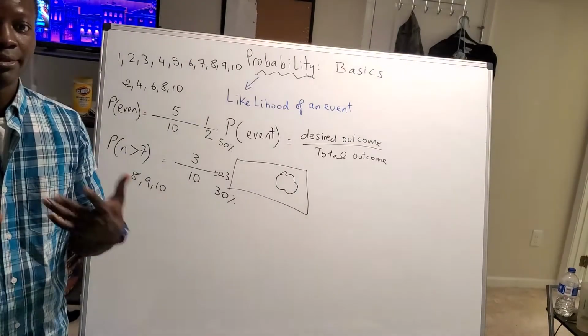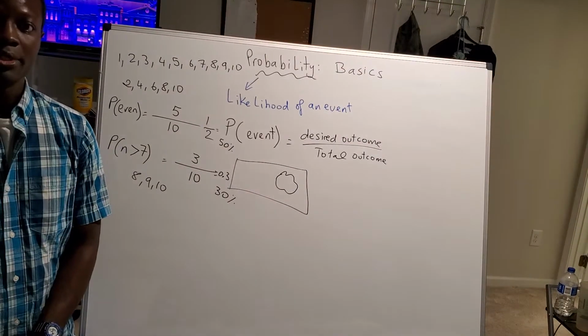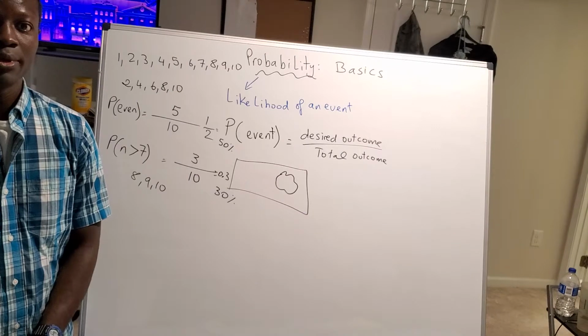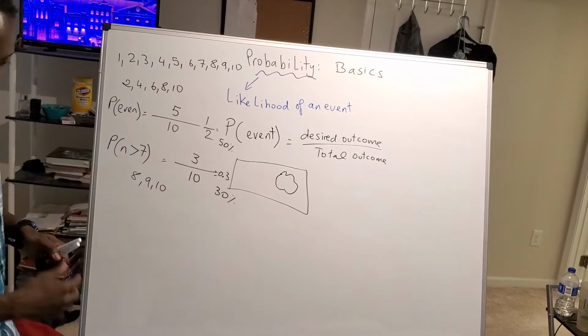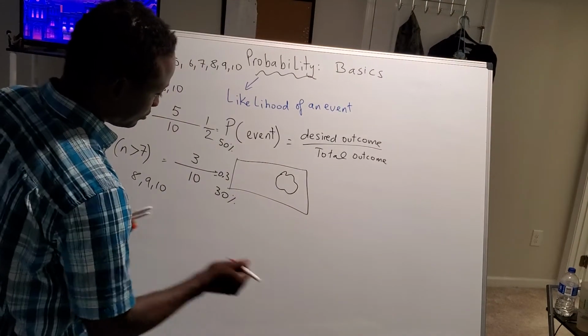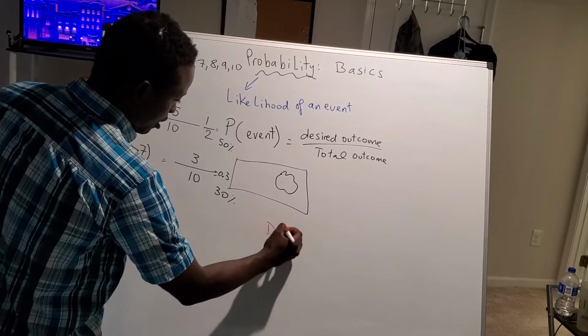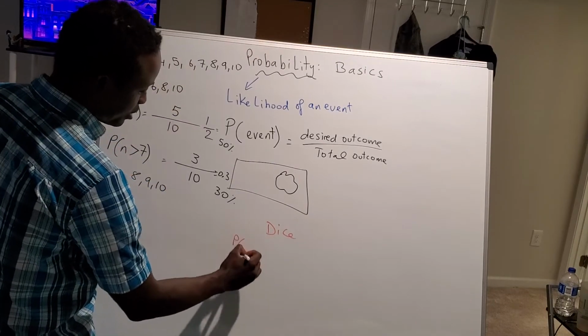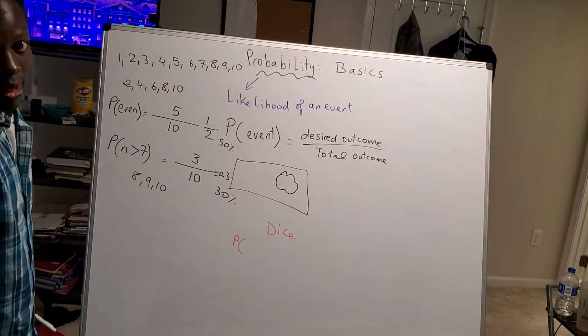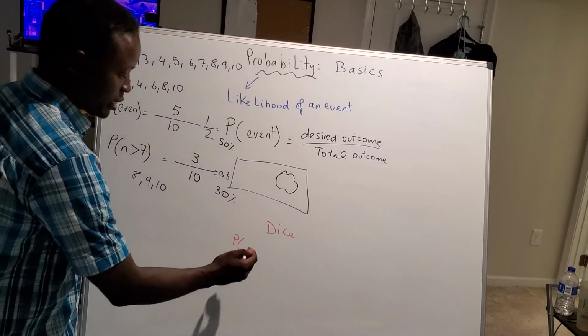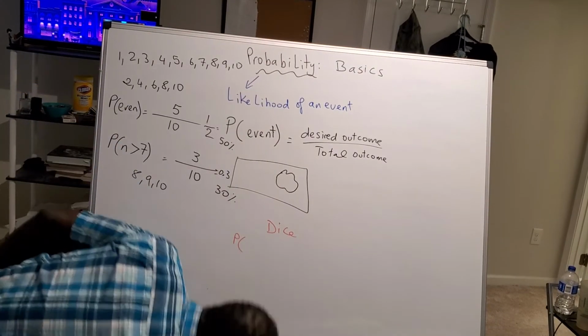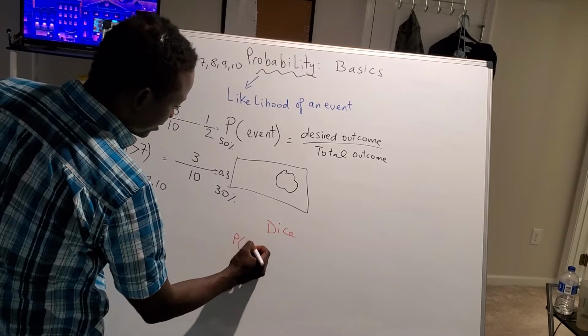We can give different examples, right? The most important one is a dice. So let's make an example with the dice. What's the probability you get a 6?